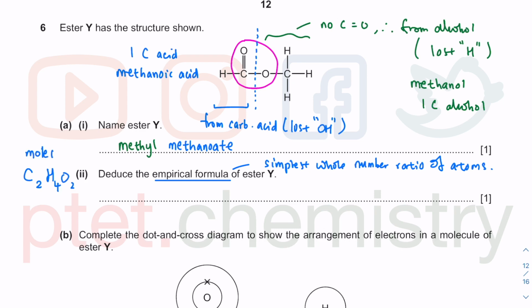This is what you call the molecular formula. But you could see that we could divide 2:4:2 by 2 throughout, and I'm going to get 1:2:1. Divide by 2, and that means I'm going to have 1 carbon, 2 hydrogen, and 1 oxygen as the empirical formula there.